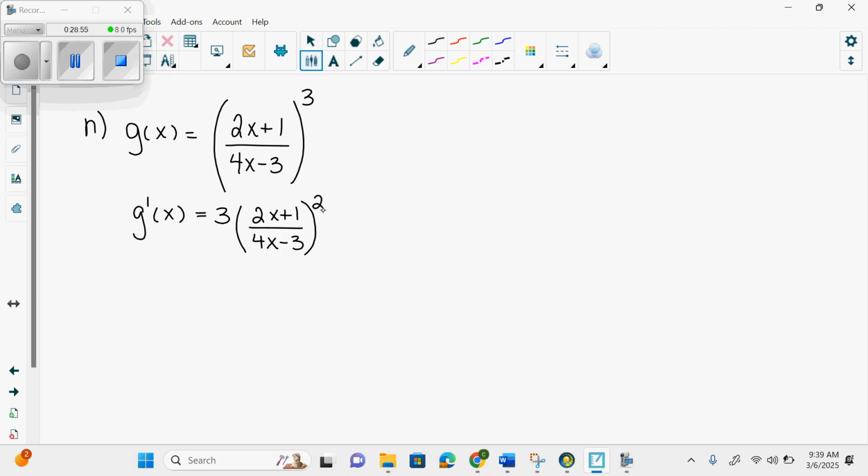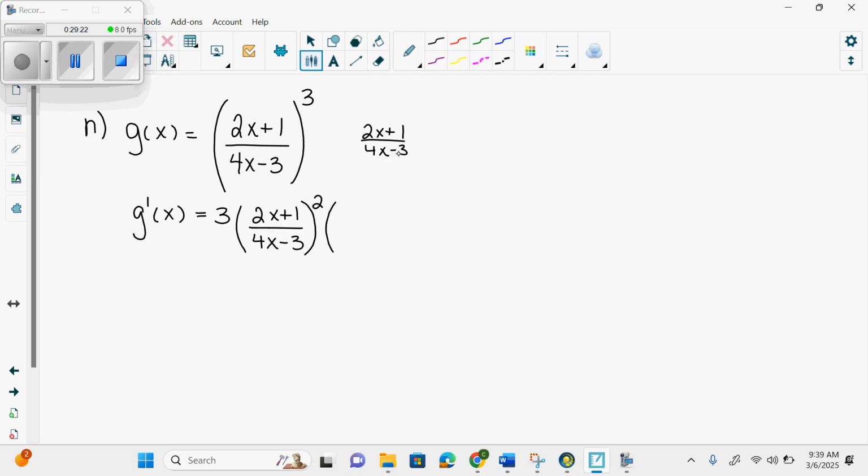The derivative of the inside. True? And how do I do the derivative of that inside? Quotient rule. And that's a nice quotient rule. There's no chain inside that. So I have to do quotient rule of technically 2x plus 1 over 4x minus 3. Correct? Do we agree?